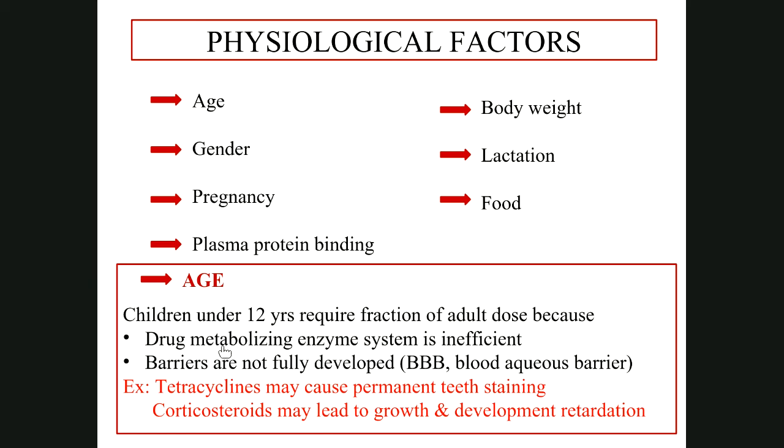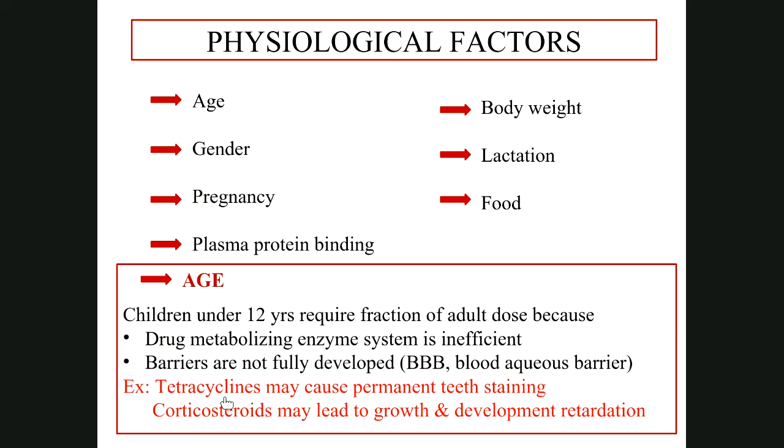If tetracyclines, a category of antibiotics, are given, it might lead to permanent staining of the teeth. Or if steroids are given to children, it might lead to retardation of the growth of the child.